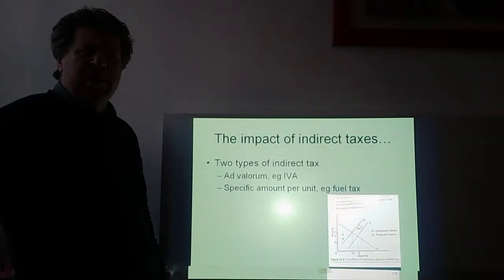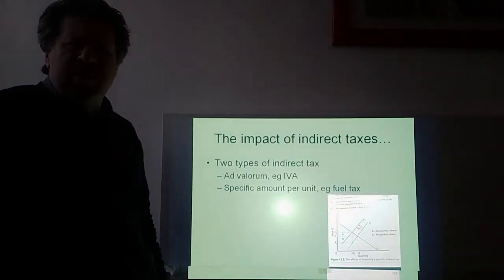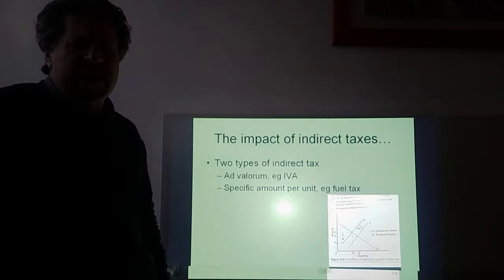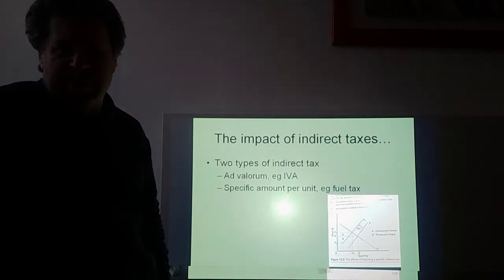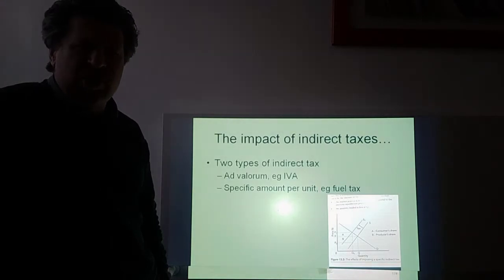So one very common method of intervention in the market is an indirect tax. Remember, an indirect tax is a tax put on the product or service. There can be two types. You've got ad valorem, or in Italy, IVA.